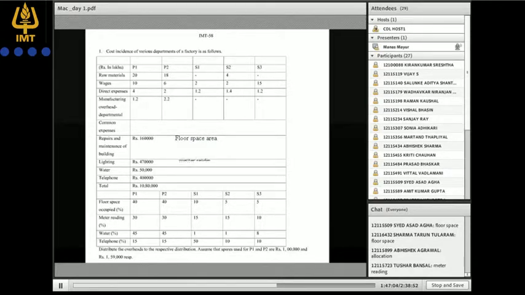Then water should be on water usage, telephone should be on telephone usage, so these are the bases on which these costs should be distributed.